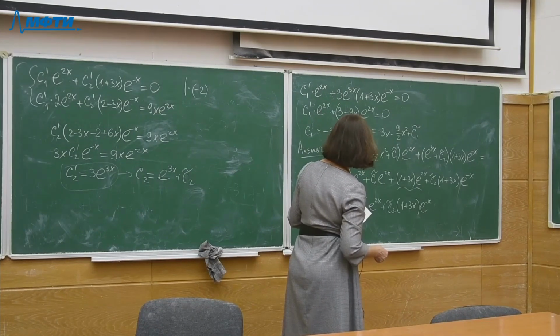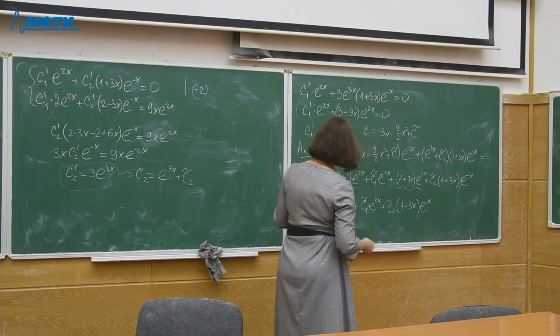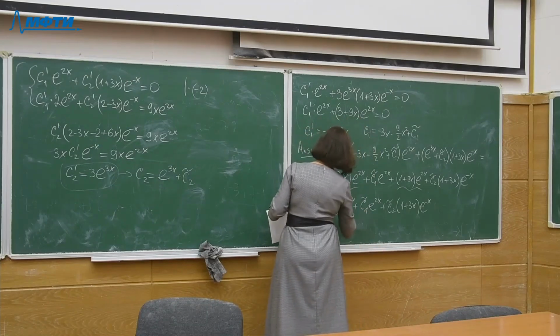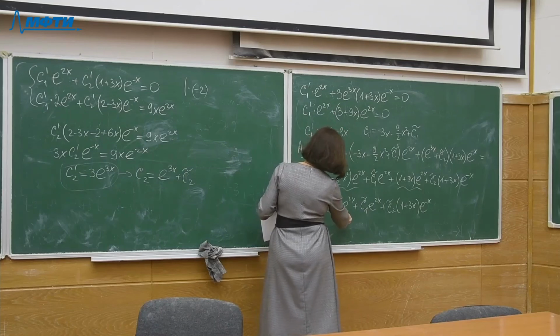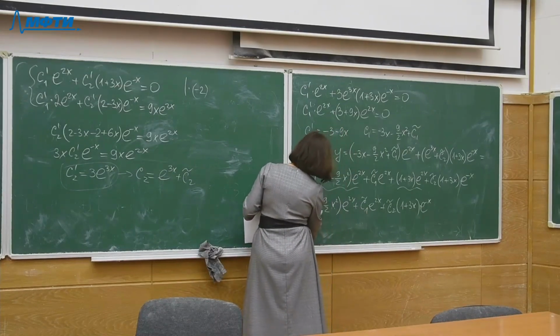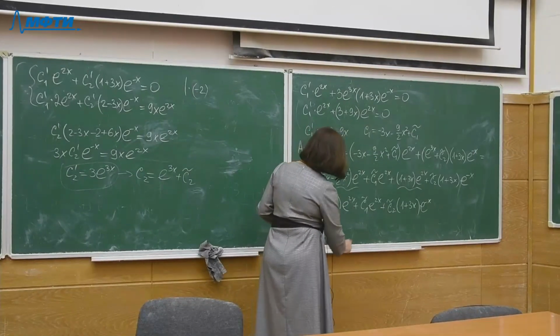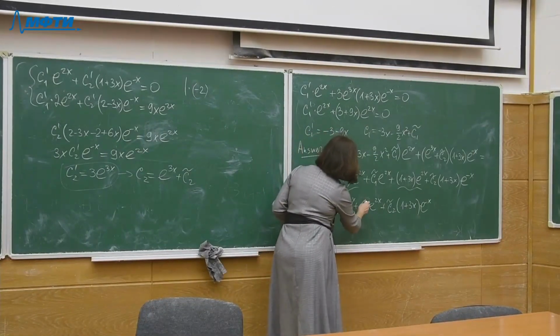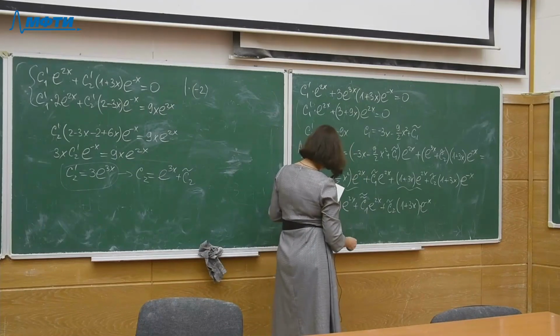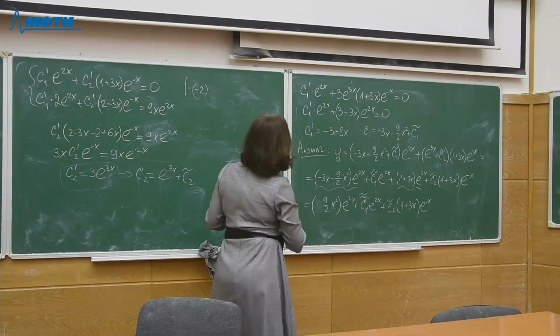Okay, so 1 times e to 2x can be included into the constant C1. So we can remove 1 and change the constant. Or maybe C1 tilde. But this constant is also not correct. So I will try to check. Just a moment.